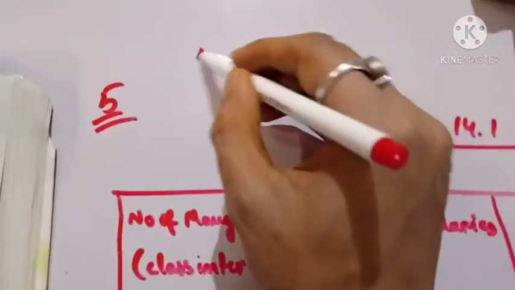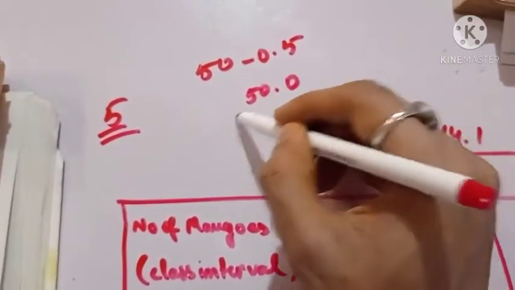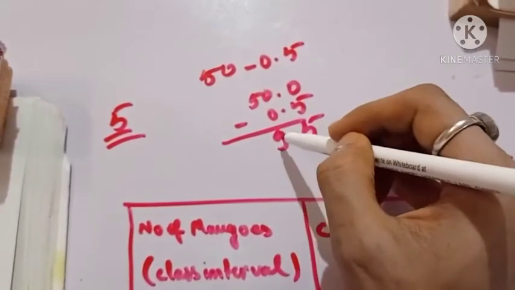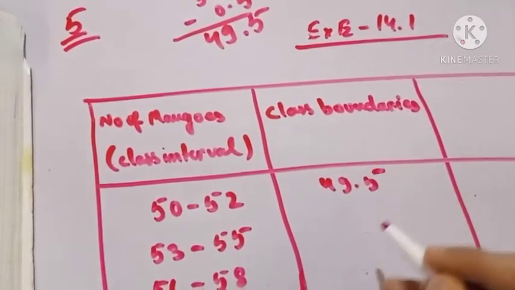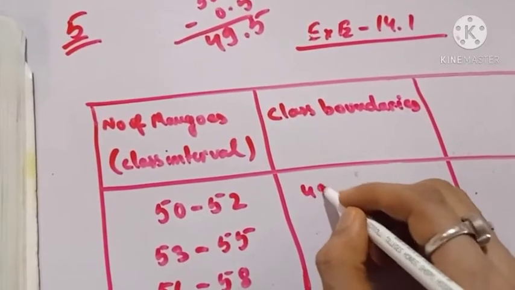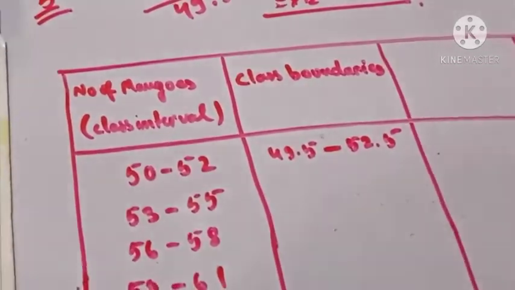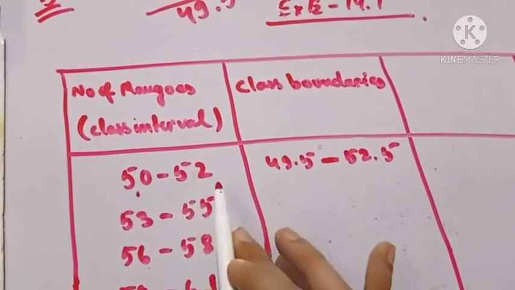So 50 minus 0.5 is 49.5, and 52 plus 0.5 is 52.5. So 49.5 to 52.5.